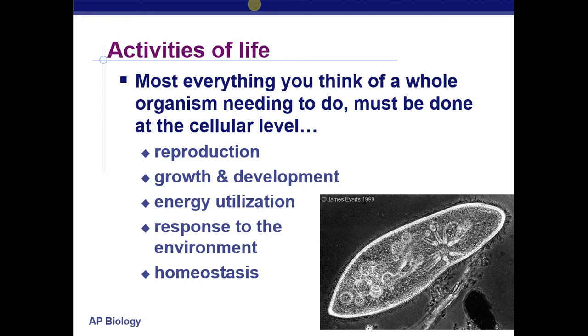All of these things have to be done at the cellular level. Cells are responsible for making sure that the organism they're part of as a whole can do these things. As the unit goes on, we'll talk about how cells accomplish each one of these things to help the organism they're part of survive.